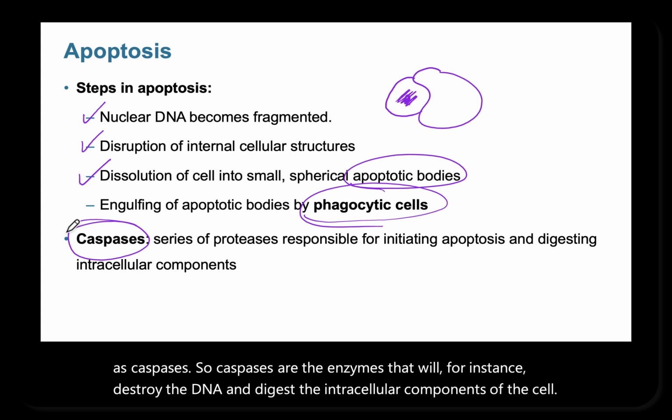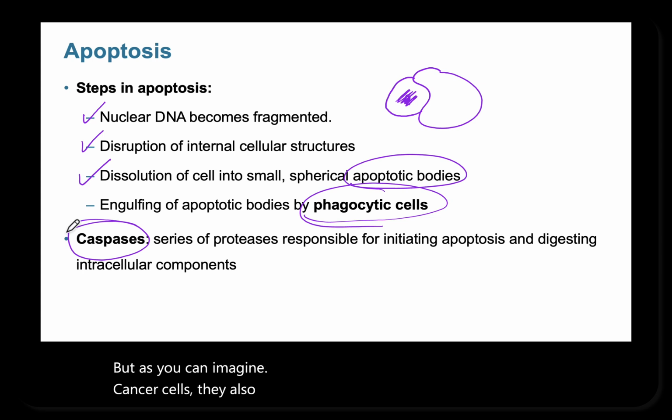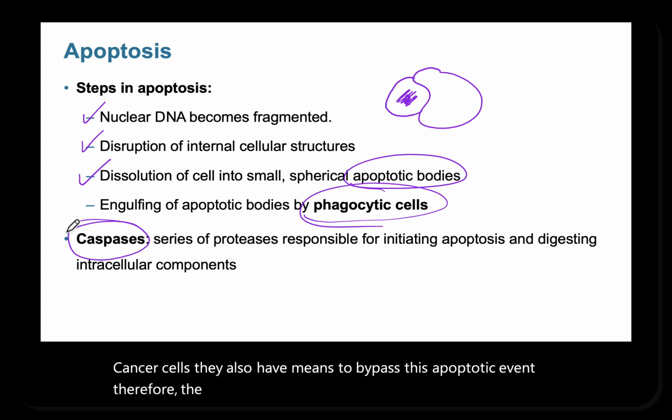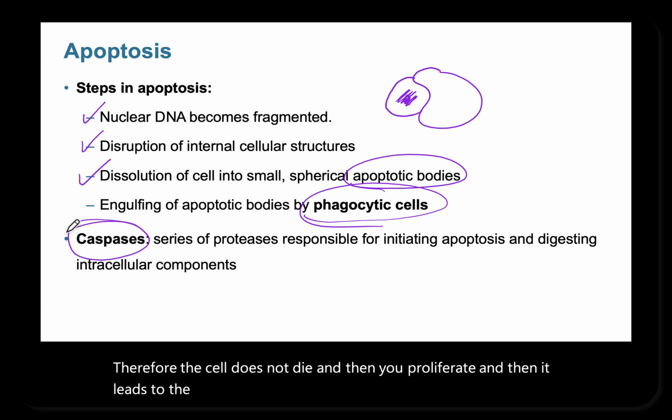But as you can imagine, cancer cells also have means to bypass this apoptotic event. Therefore, the cell does not die, and then it proliferates, and it leads to the generation of new cells with those unrepaired mutations.